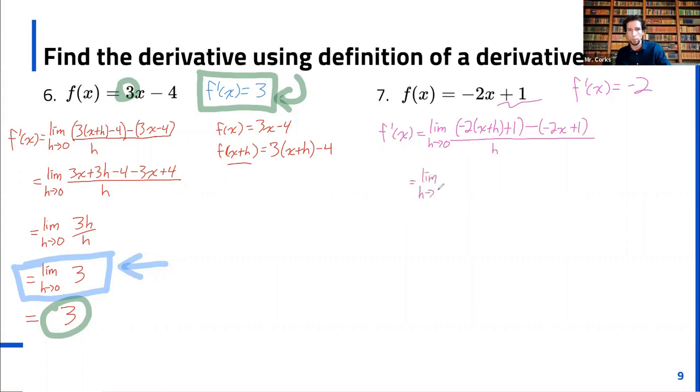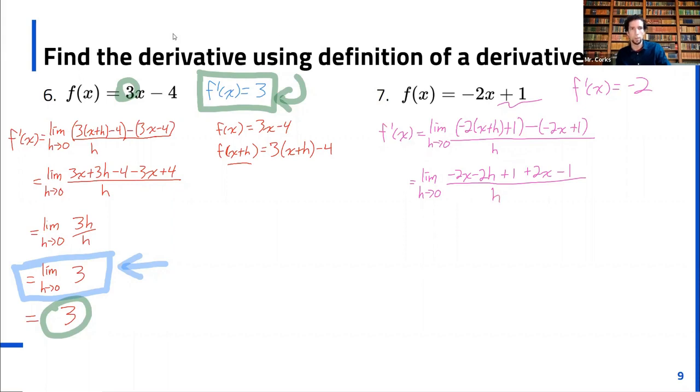Limit as h approaches 0. And if we expand all this, negative 2x minus 2h plus 2x. Plus 1 minus 1. And that whole thing over h.